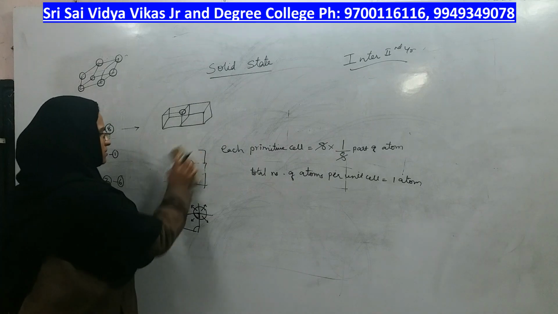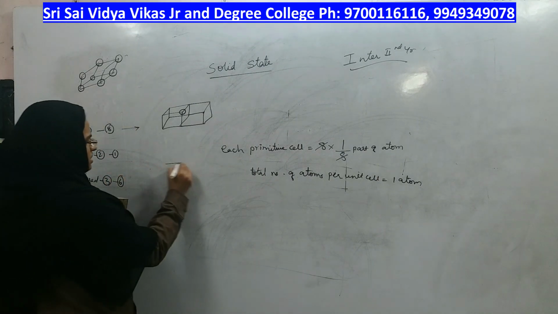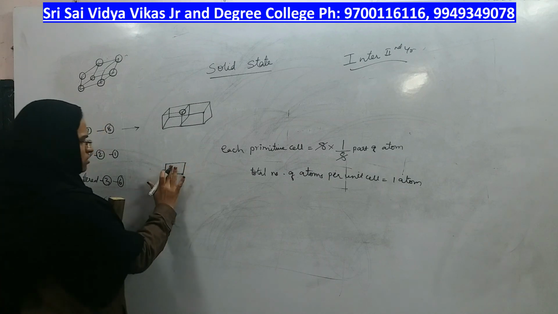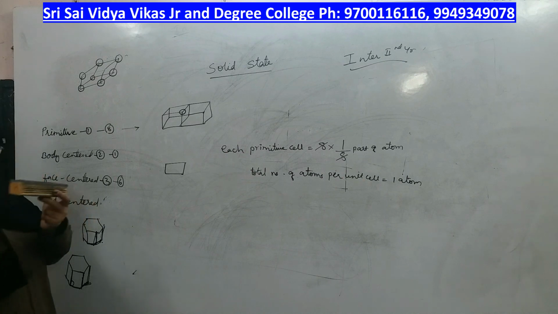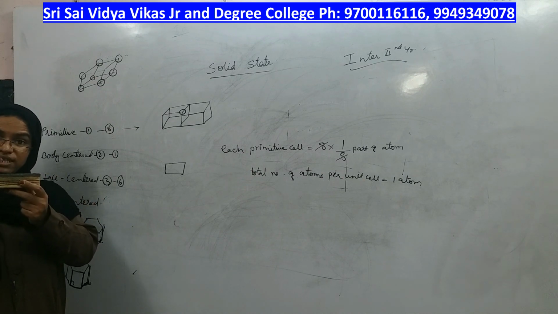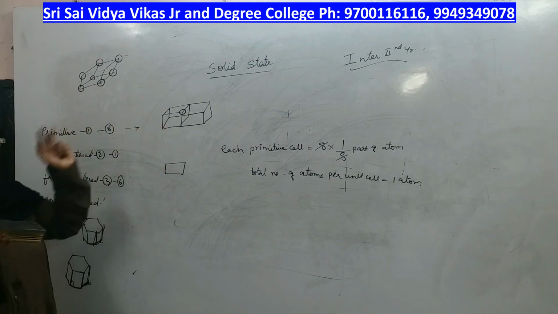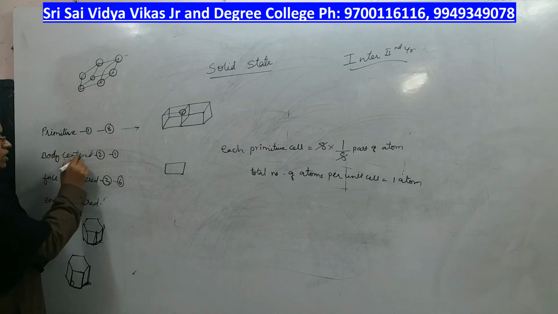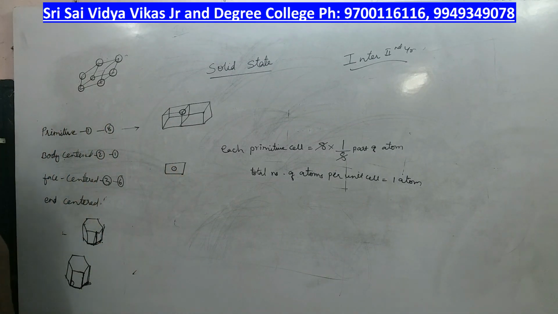The same let us do for body centered, right? Suppose this is a cube, front side only, the same exists for the back side also, right? If this is the cube, I am taking these 4 only, 1, 2, 3, 4, but the same is present even at the back, which you cannot see. The other 4 corners are at the back, right? Body centered means exactly in the center of the body there is one atom. But as it is present exactly in the center, can anyone else also share that atom?